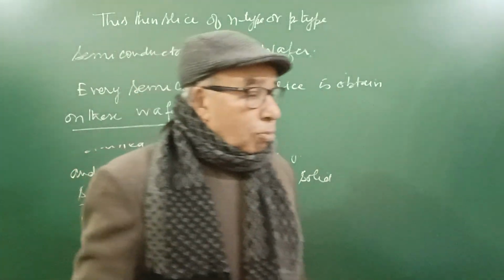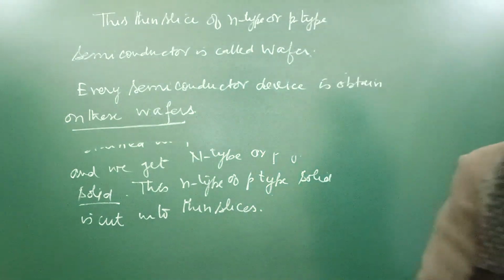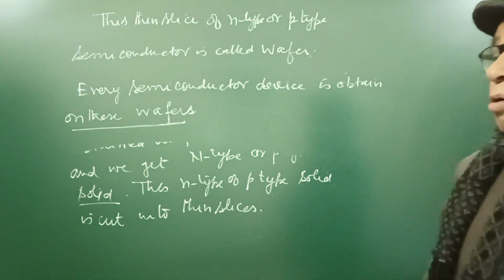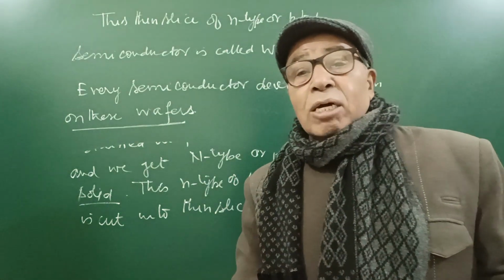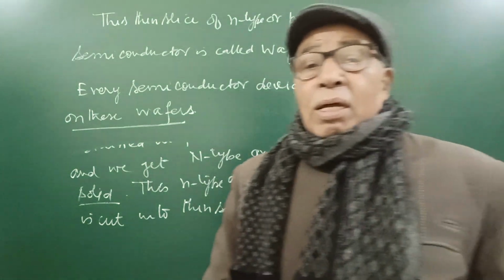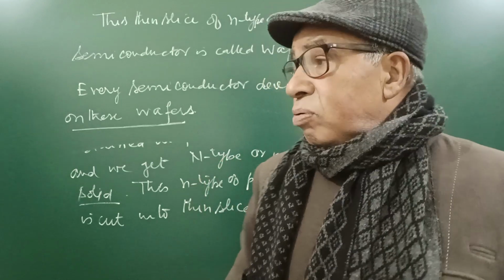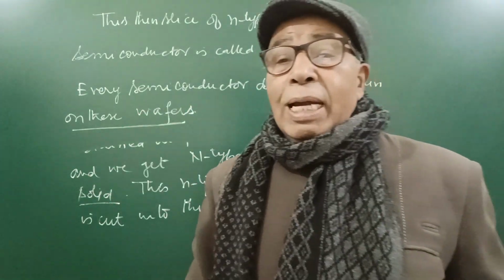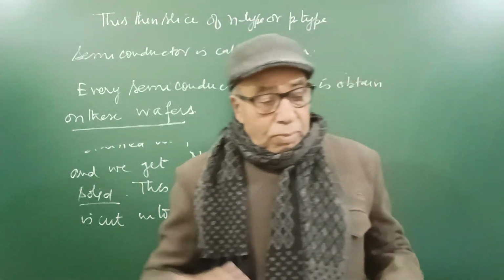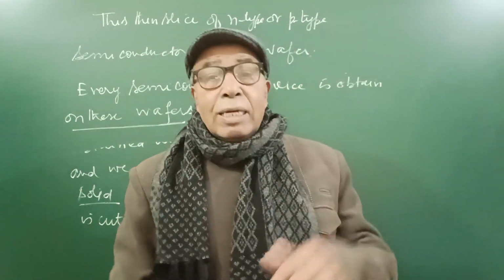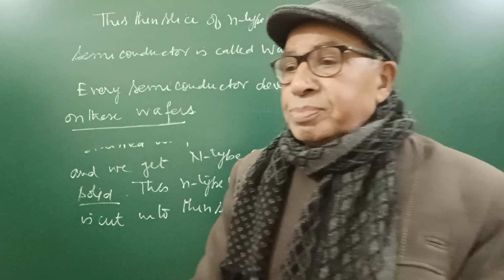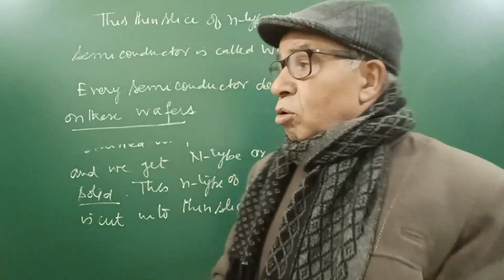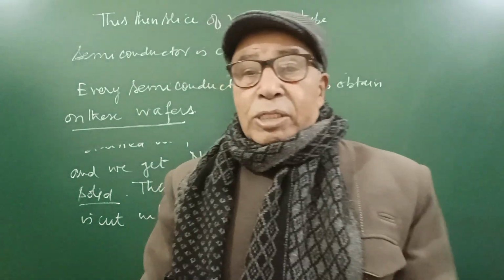Now, suppose you want to prepare an N-type wafer. So what will you do? Melt silicon or germanium, and a desired quantity of pentavalent element is mixed with the melt, and that gets mixed like we prepare an alloy. Alloys are a mixture of metals, or metal and non-metals, but metal is a must.